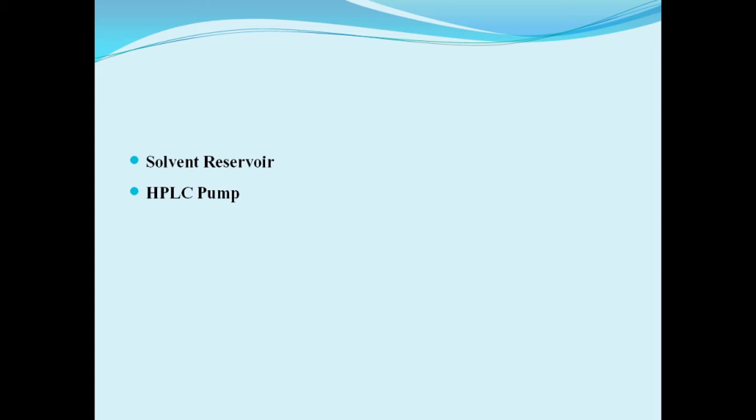The solvent reservoir must be made of inert material such as glass and must be smooth so as to avoid growth of microorganisms on its walls. It can be transparent or amber colored. Graduated bottles give a rough estimate of mobile phase volume in the bottle.